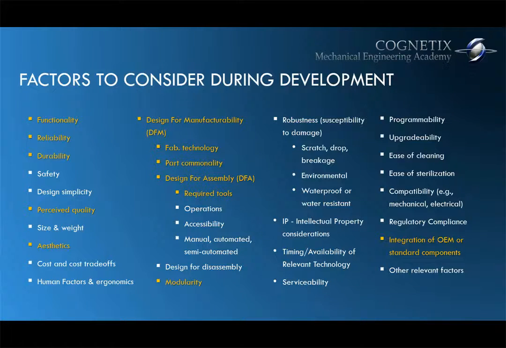Of course, design for manufacturability, or DFM, which is a very, very important aspect of all product and system design and development. And we'll talk a little bit about how some standard components were integrated into this product and why those decisions were made.